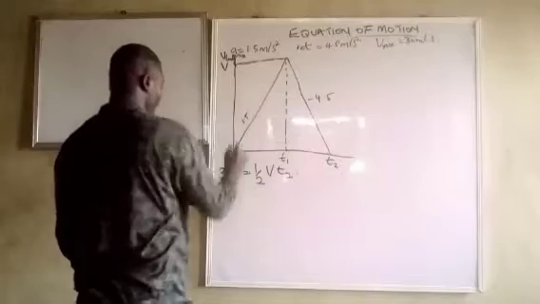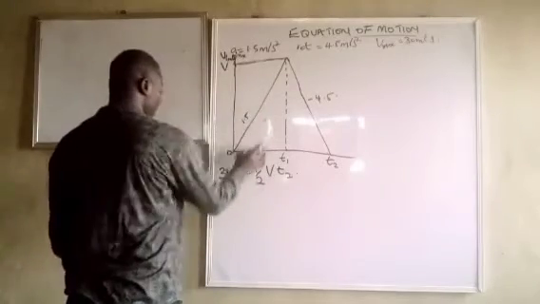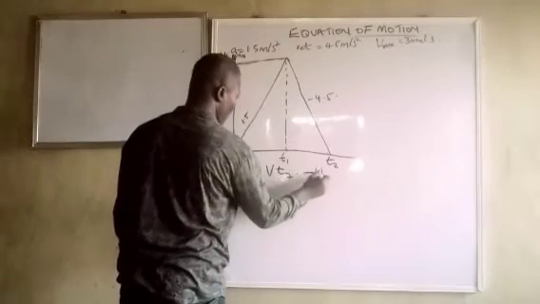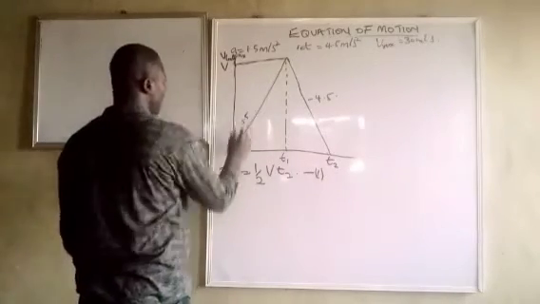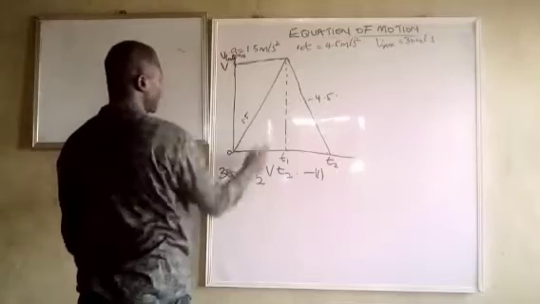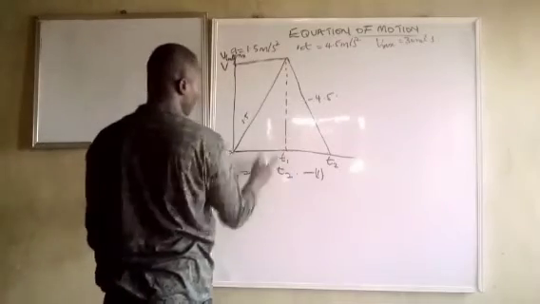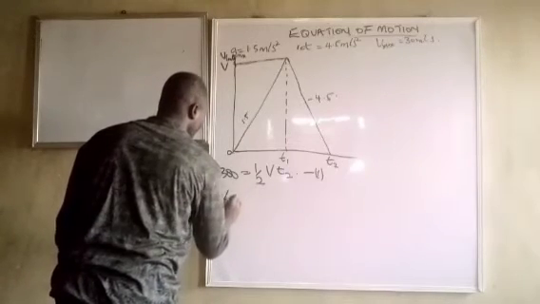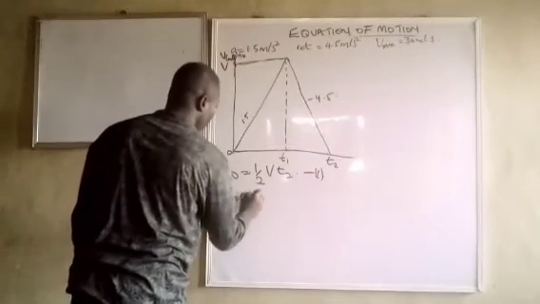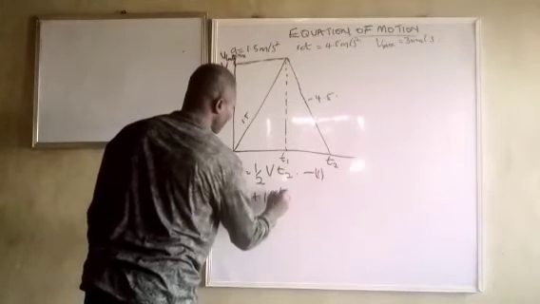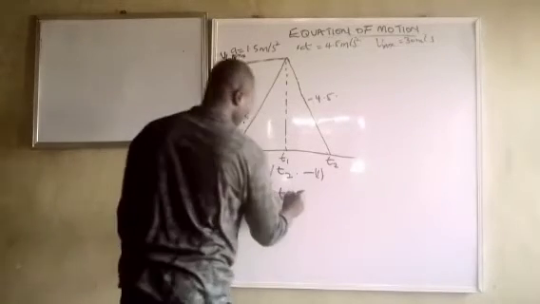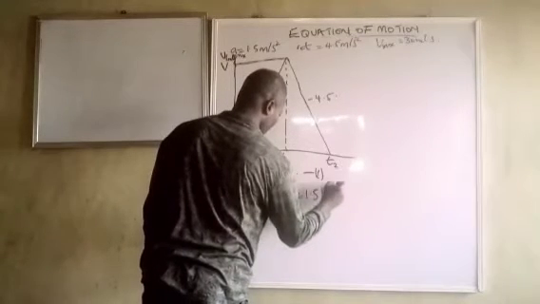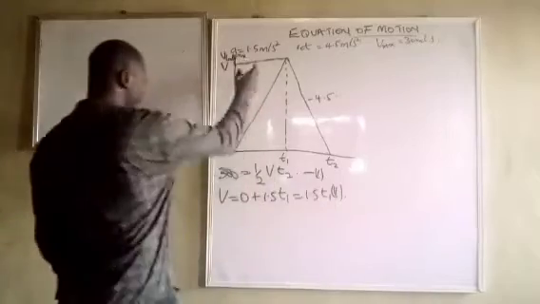That is the equation to cover this area. Now, during acceleration, it will accelerate for T1. So V is equal to 0 plus 1.5 T1. So V is 1.5 T1. That is our velocity.